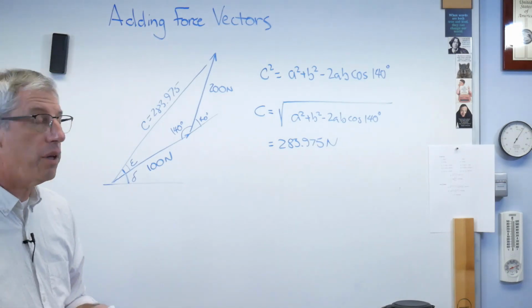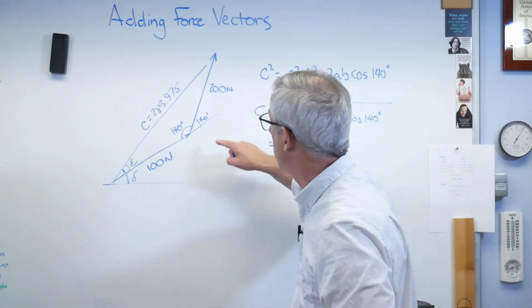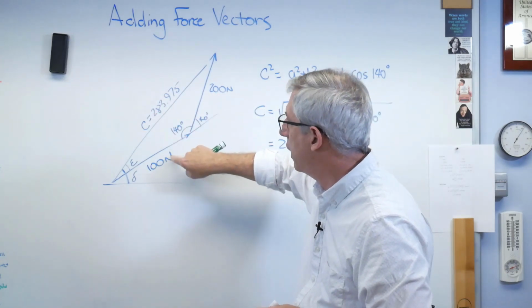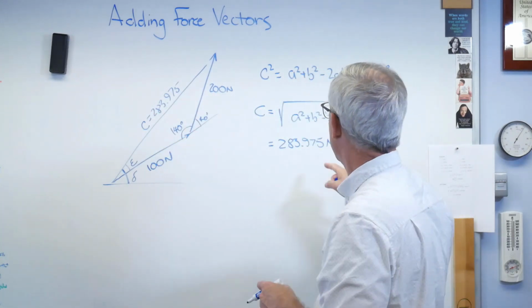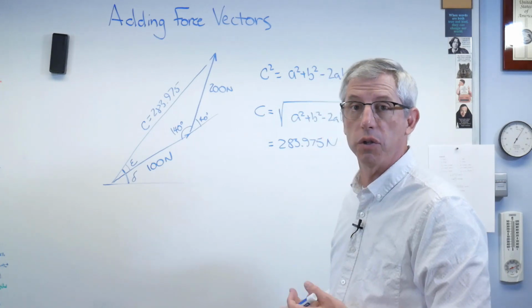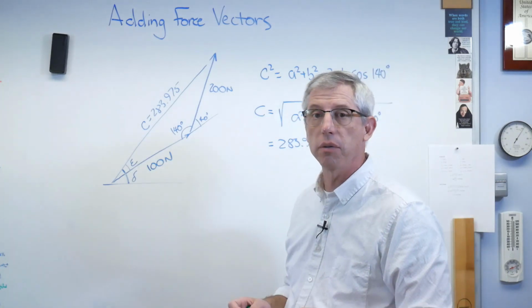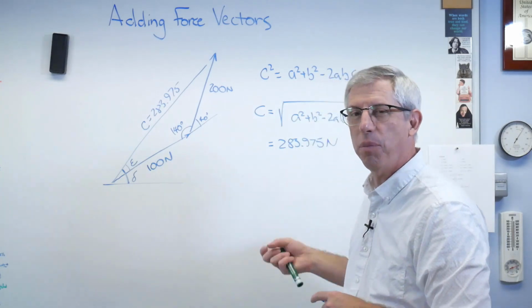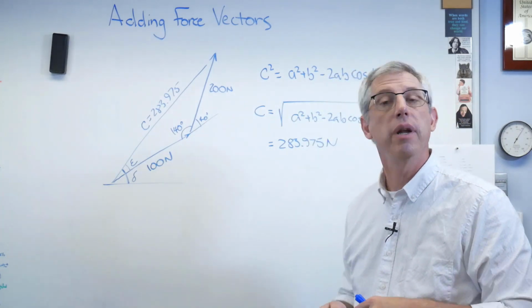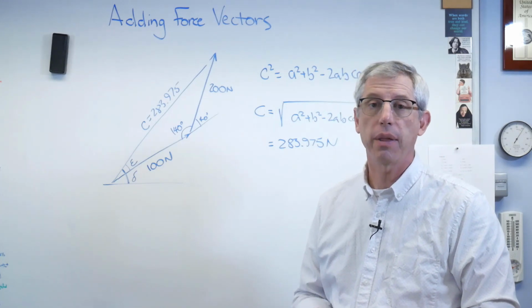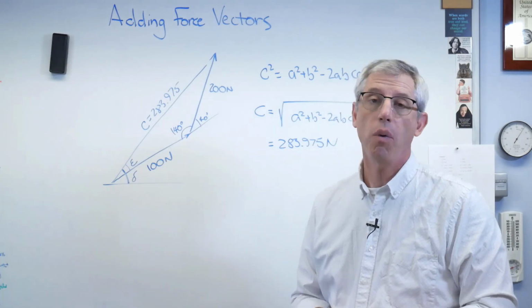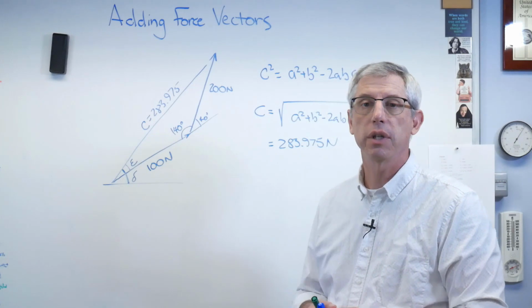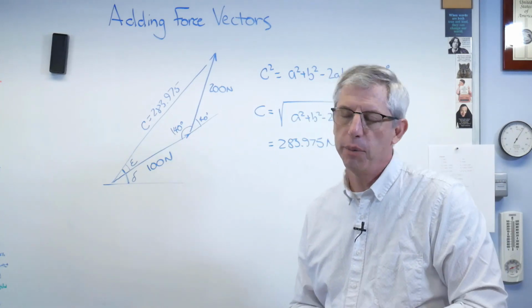Well, I can apply the law of cosines again, making that the opposite and these the two adjacent, and I can back that out. So I can do it this way, and when you do it this way, it's correct. It's mathematically equivalent. So this is the second way to do it. For statics, this probably isn't the most useful one. For statics, you're going to want to break things down into their x and y components, like we did in that first example. So I hope this helps, and we'll talk to you next time.